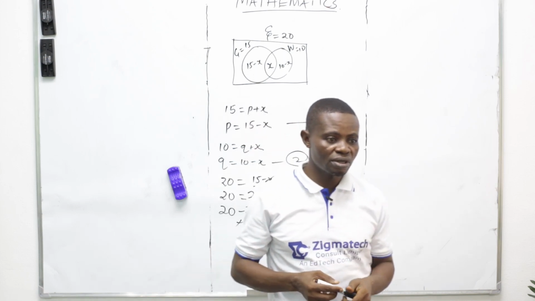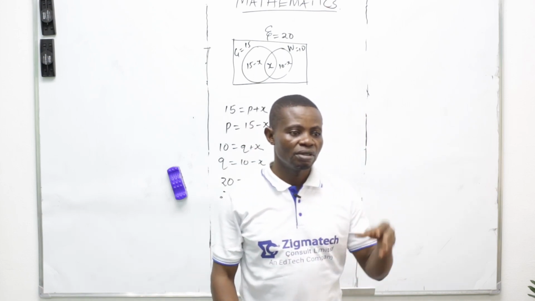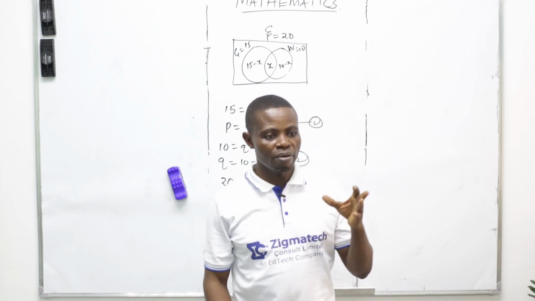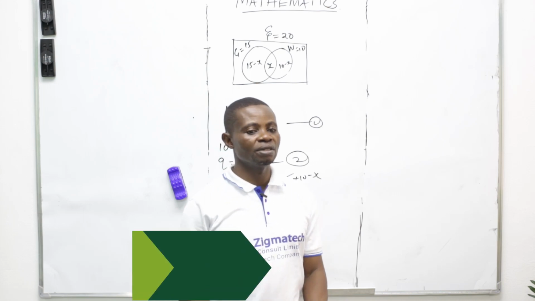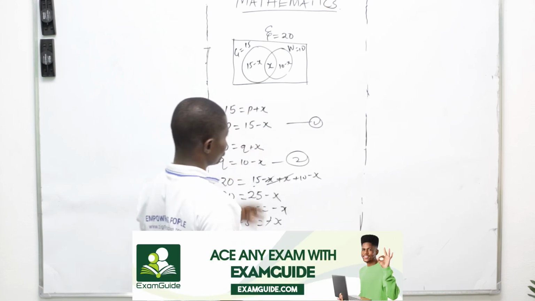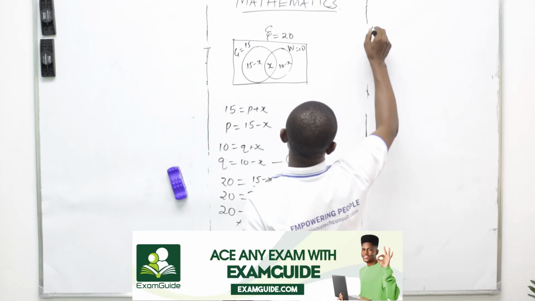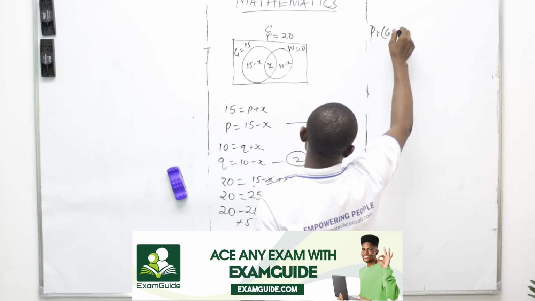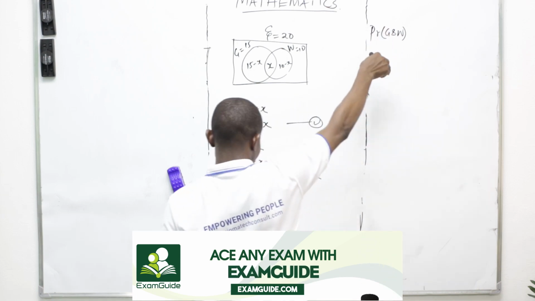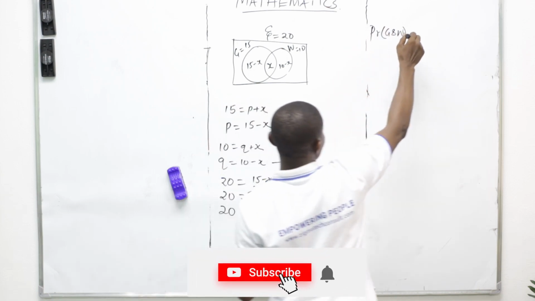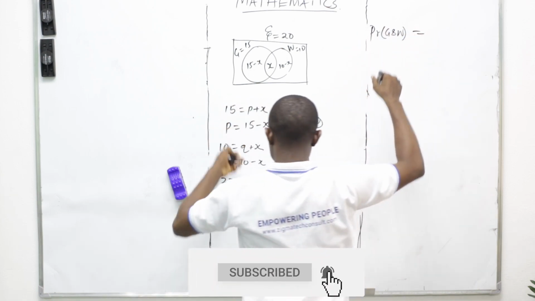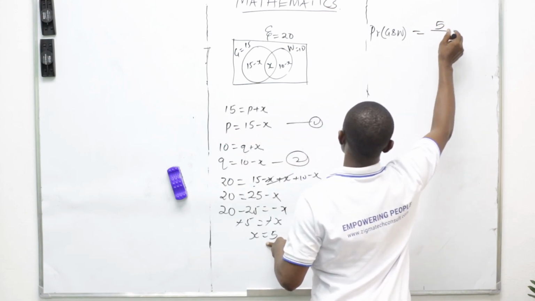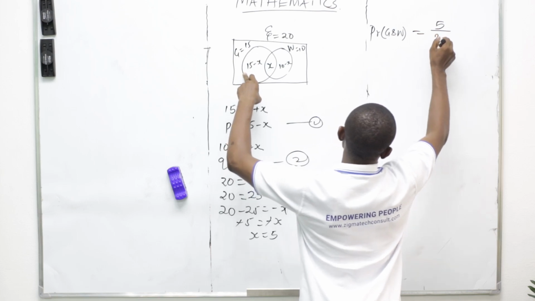Now the question is all about finding the probability that she wears both glasses and wristwatch. What is the total here? PR of G and W, that is glasses and wristwatch, equals favorable outcome, which is the intersection 5, all over total outcome, which is 20.